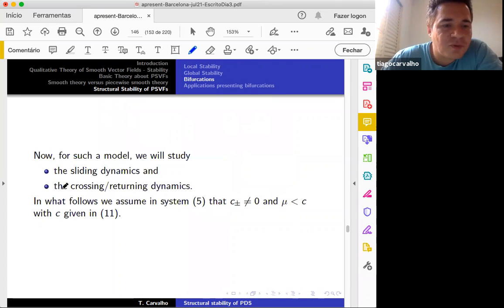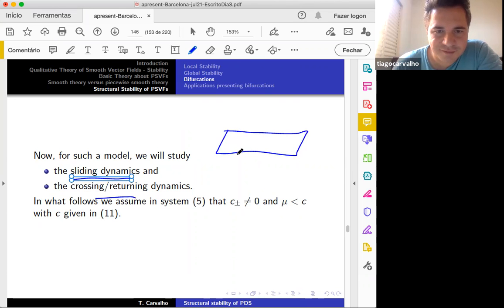So let's go. What do we have to do? We have to study the sliding dynamics and the crossing or returning dynamics around this singularity of these vector fields.